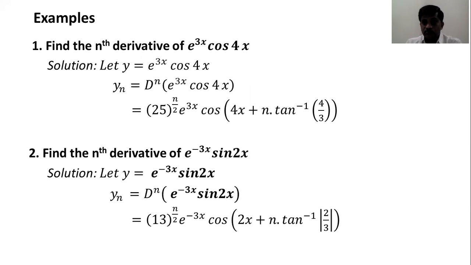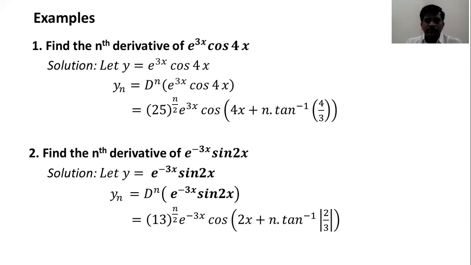Here a value is 3, b value is 4. So the formula gives (a^2 + b^2), that is 3^2 + 4^2, 9 + 16, 25, to the power n by 2, into e^(3x) cos(4x + n tan^-1(4/3)).